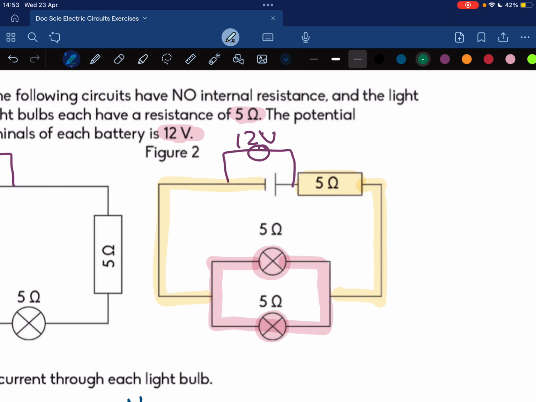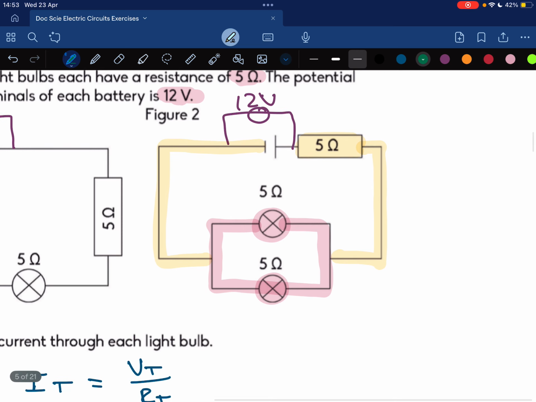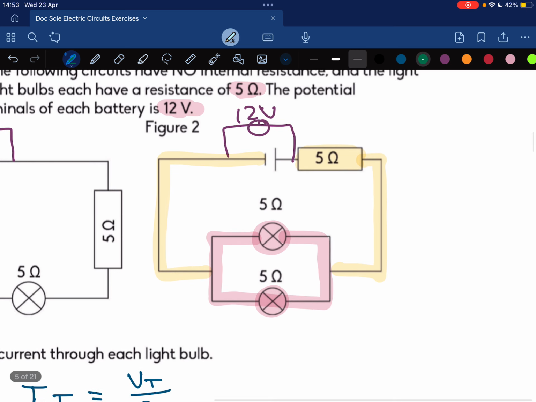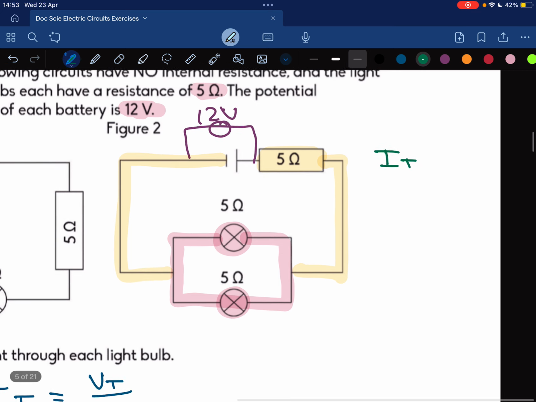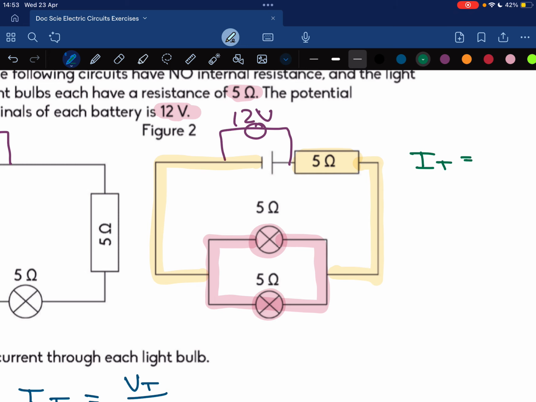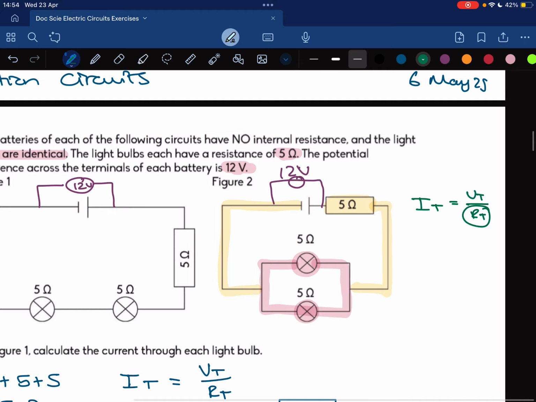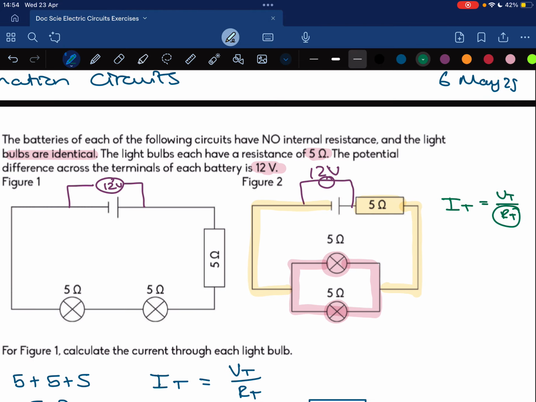So the first thing we need to figure out is, we can calculate the total current, can't we? I total is equal to V total over R total. So the goal then is to get R total first, because we have V total as 12 volts.